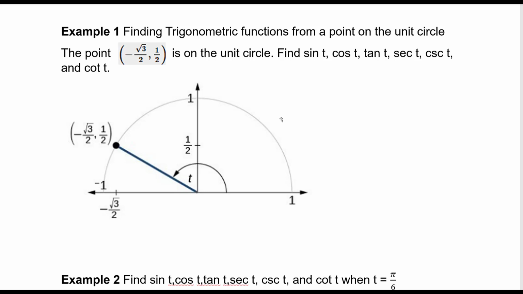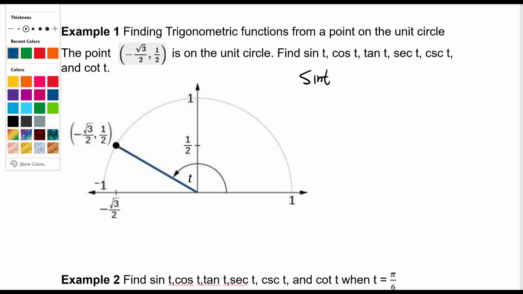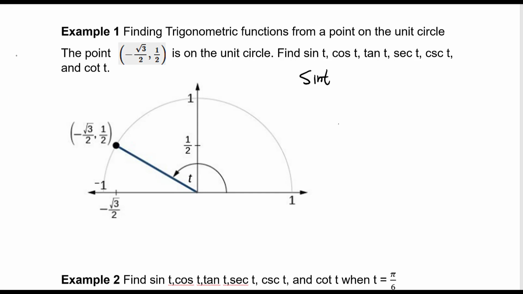Okay, so start off with sine t. Sine t is just the y value, which is 1/2. Cosine t is the x value, which is negative square root of 3 over 2.